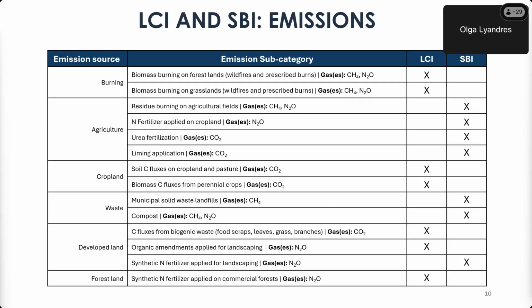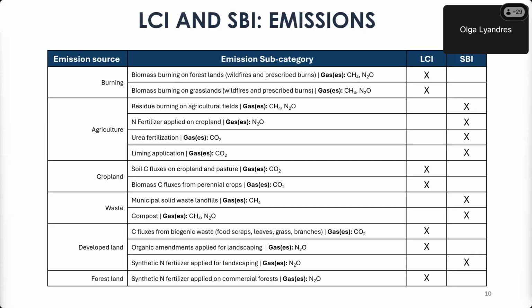So when forest or cropland is lost to development, that loss of biomass carbon is certainly accounted for when we are able to track that transition.